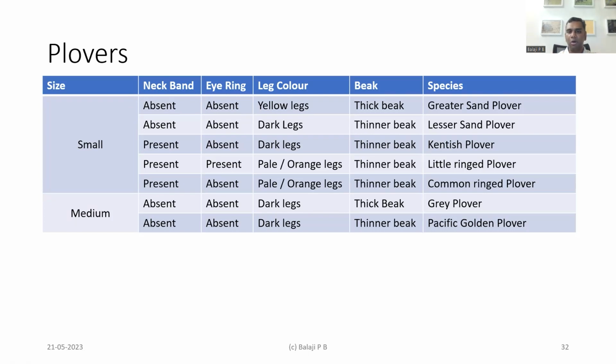When I say pale or orange legs, it may not look so in the field. So you need to look at the other parameters as well. So take a screenshot of this if you want. Otherwise, I can share it later also. So it can help you identify the different species. This is about the plovers. As I said, plovers, short beaked birds.